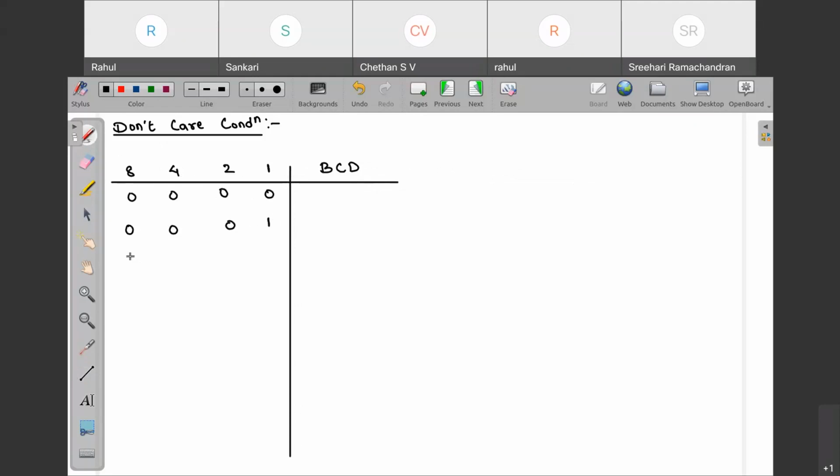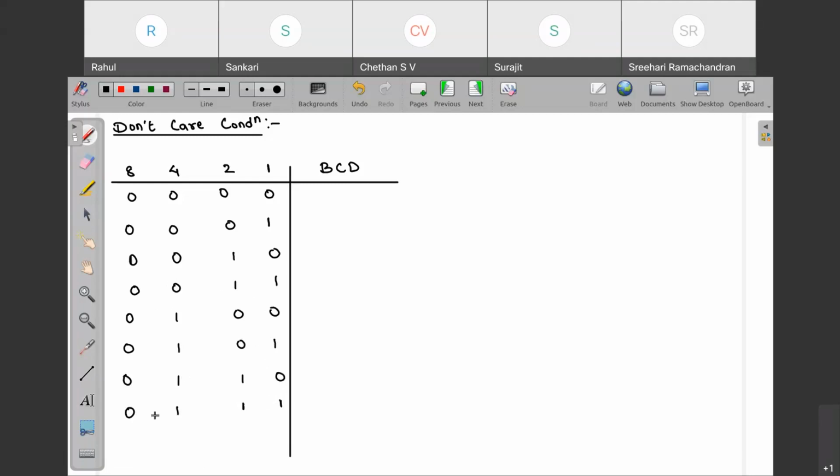The combination for which the output can take either 0 or 1, that is a don't care.